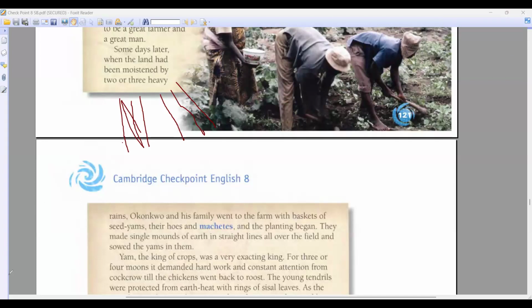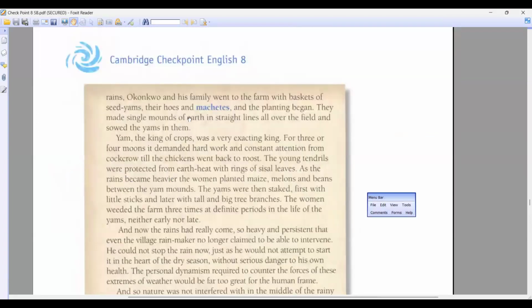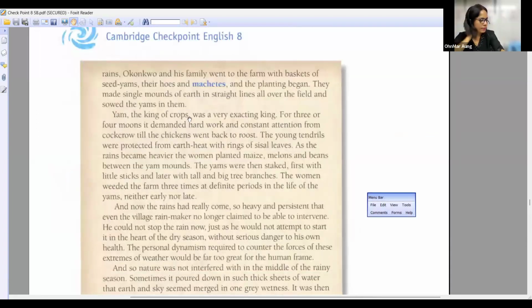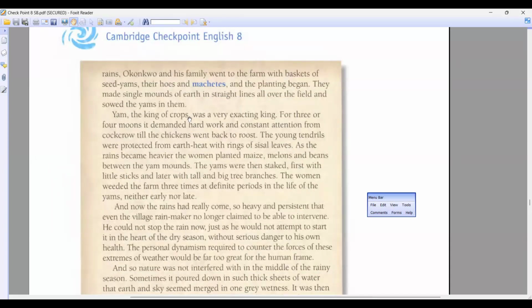Yam, the king of crops, was a very exacting king for three or four months. It demanded hard work and constant attention from cockcrow to the chickens' roost. The young tendrils were protected from earth heat with rings of sisal leaves.